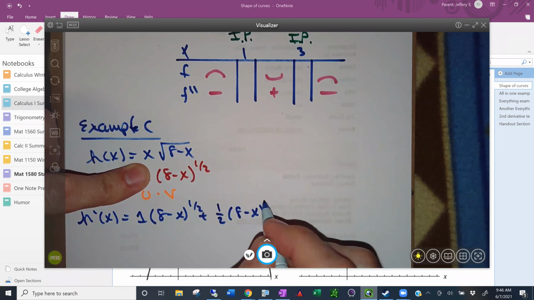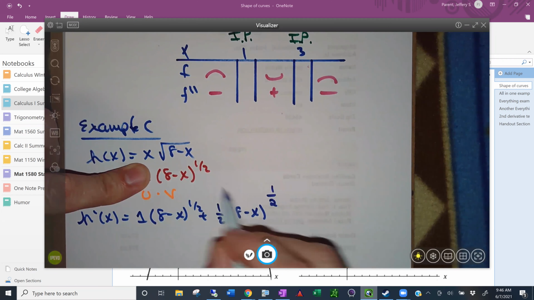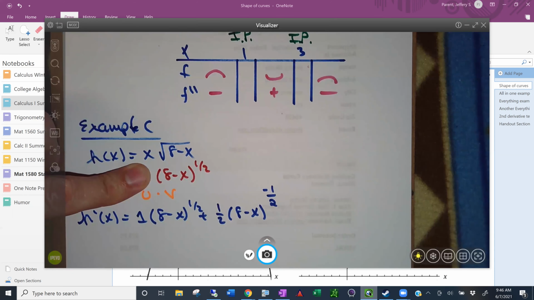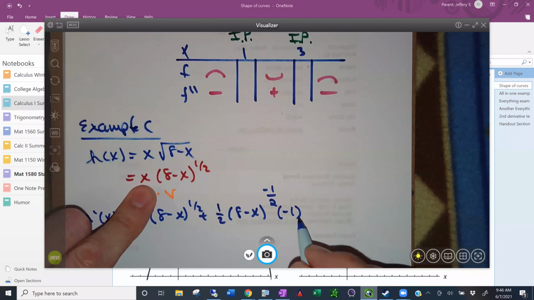What's 1/2 minus 1? Negative 1/2. Negative 1/2. Am I good there? Did I finish differentiating this? Inside is left. Yeah, well done. Thank you, AC. Times the root of the inside, which is your -1. Don't forget the x here.